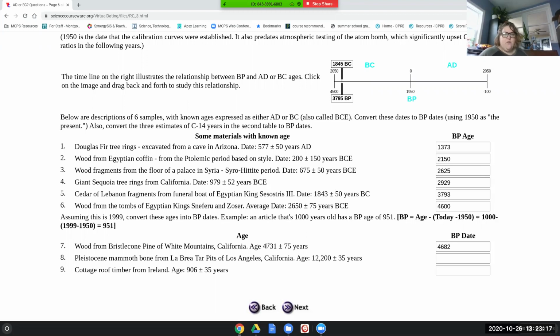So this was 4731. So the age is 4,731. Because I can't go further back than that.